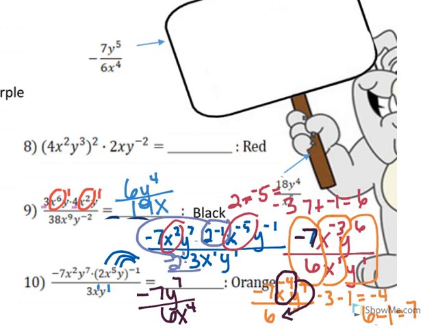And I actually just caught this, that 6 minus 1 is 5, not 7. Sorry guys. So change that to a 5. That was a really silly mistake. So this is a 5, so your answer is negative 7y to the 5th over 6x to the 4th.